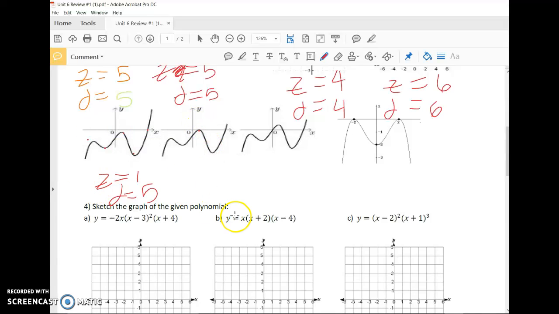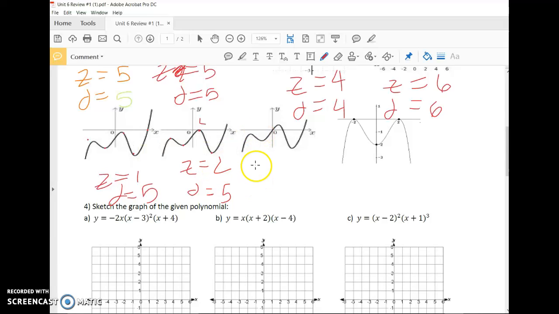This has 2 real zeros because we could see that it bounces there. So its zeros is 2, but its degree would be 1, 2, 3, 4, and 4 plus 1 would be 5.